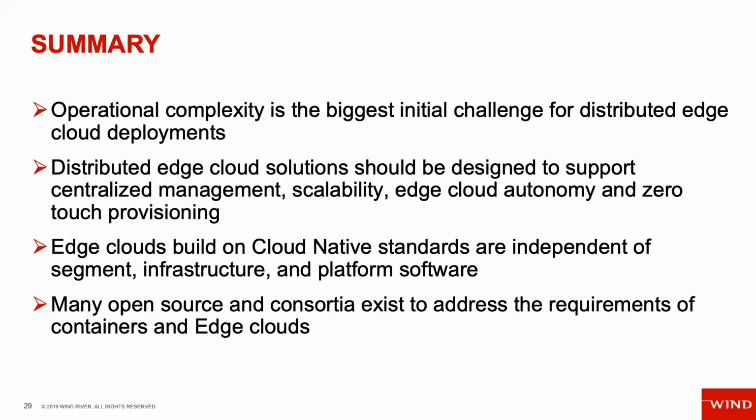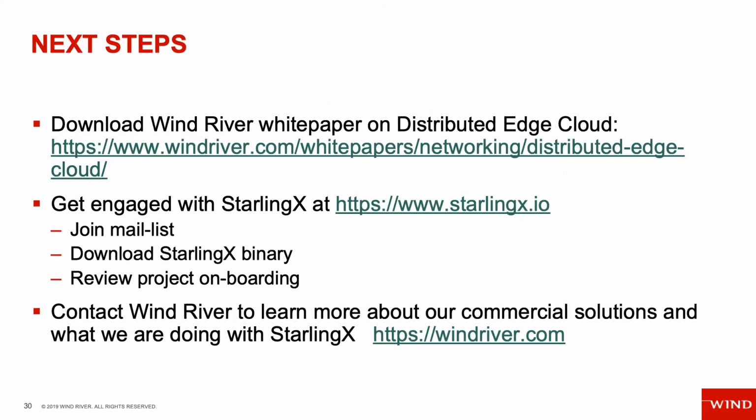this. Now, if you're interested in getting more information, I hope this has been informative. And if you do want to get more information, I encourage you to go to Wind River's website, where we have a white paper on the distributed edge cloud, what we're doing to contribute to StarlingX, and really use that architecture for a commercial distributed edge cloud.